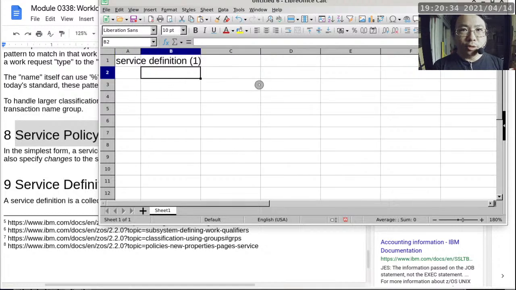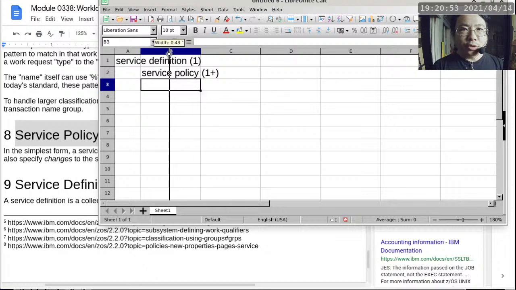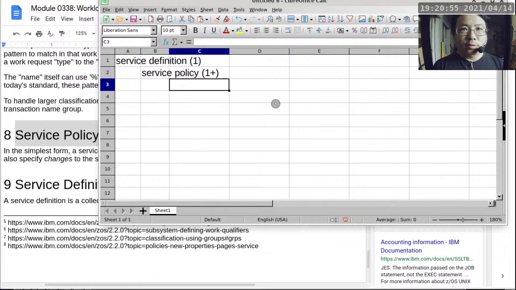Under a surface definition, you can have one or more surface policies. So now we have surface policy, and I'll just use the word 1 plus to mean at least one, but you can have more than one. For each surface policy, you have surface class.